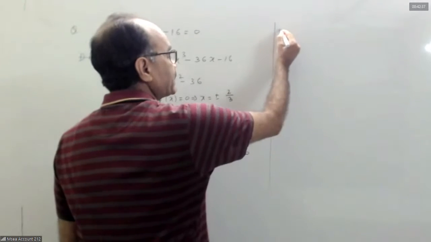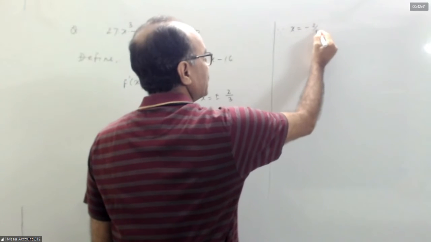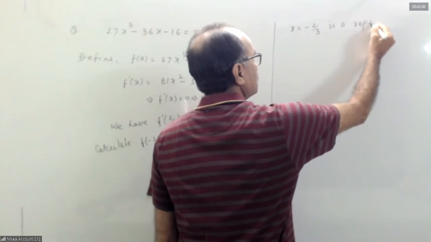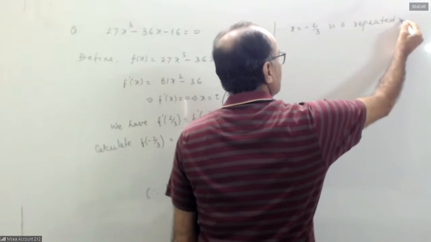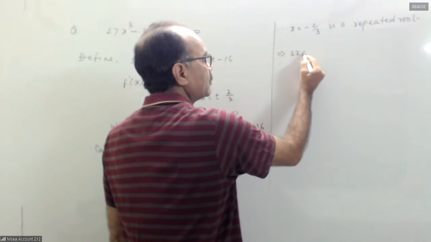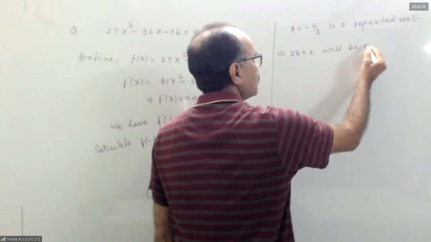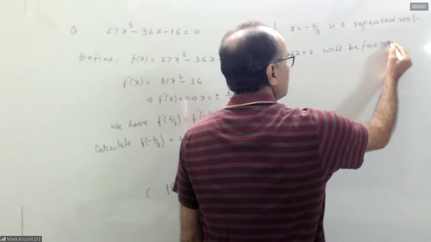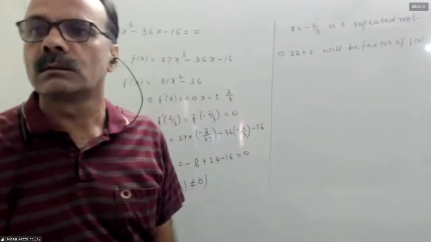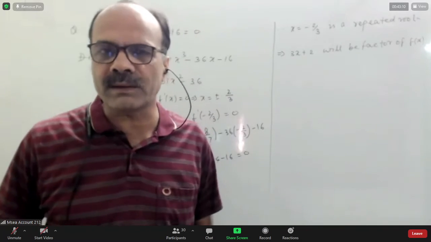So what will be the factor of this? x equal to minus 2 by 3 is a repeated root, which implies 3x plus 2 will be a factor of f(x). Suppose x equal to 2 is a root, then x minus 2 will be a factor.